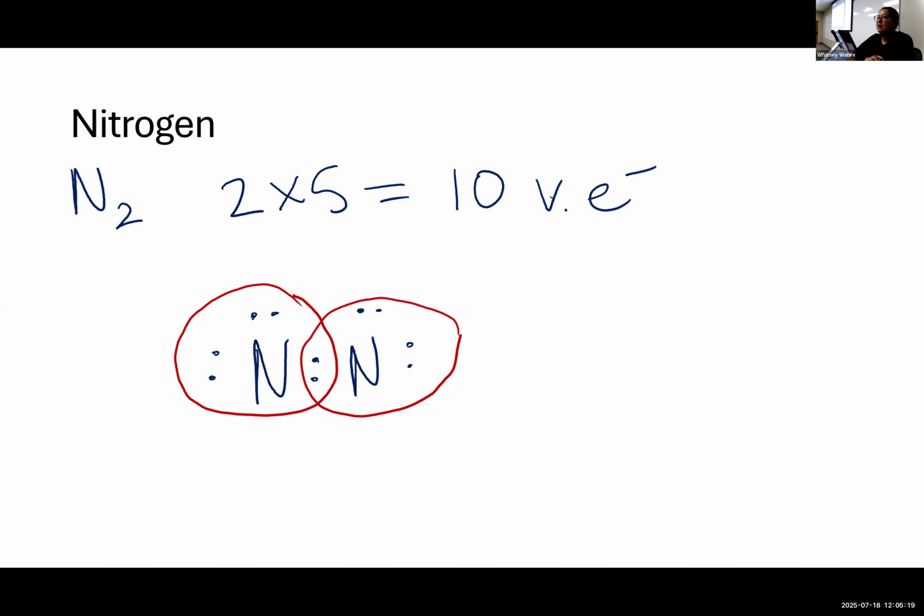There's always going to be a possibility of things, but where is nitrogen going to be most comfortable? That is our goal here. According to the procedure, if the octets are not full, you can take a lone pair from an outer atom and move it as a double bond or a triple bond.